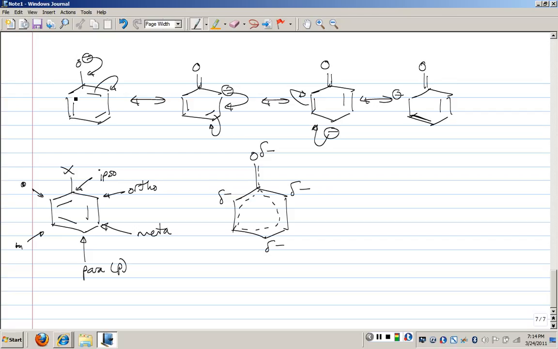So if you look at how the electron density on the phenoxide ion is distributed, it's on the O, the ortho, and the para carbons. There's none on the meta. Now we're all adults. I know carbon is not very electronegative. And while the carbons will share in the burden of the minus charge on the phenoxide, the bulk of the negative charge will remain on the O, because I will apportion the charge such that the atom that is better able to support the charge is the one that has the brunt of it.